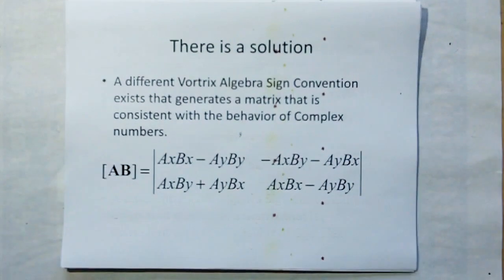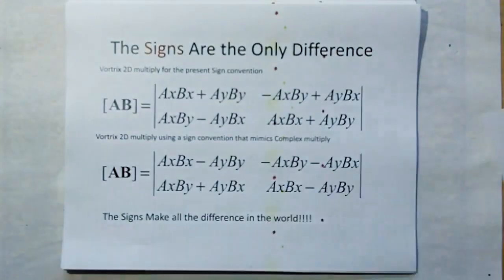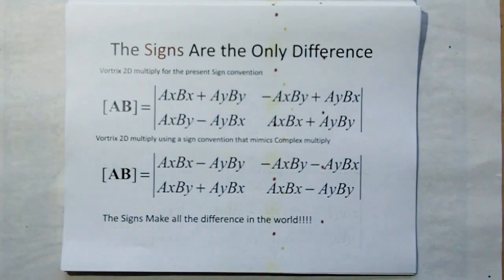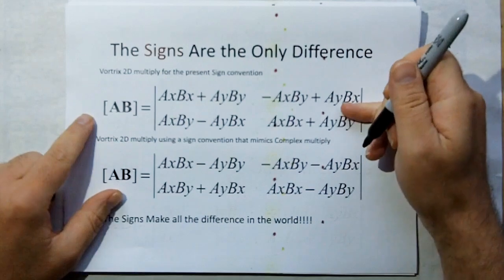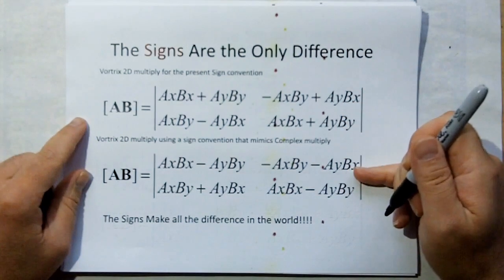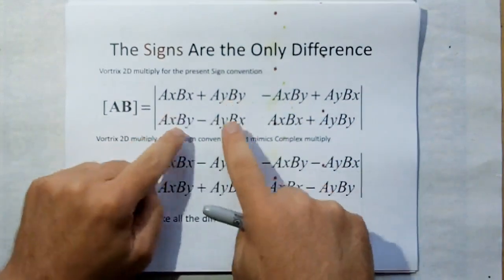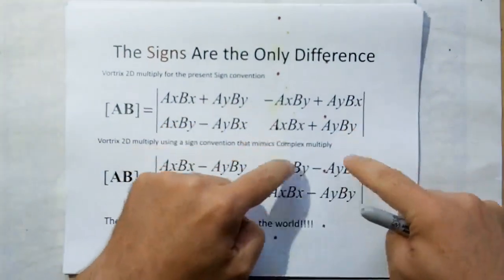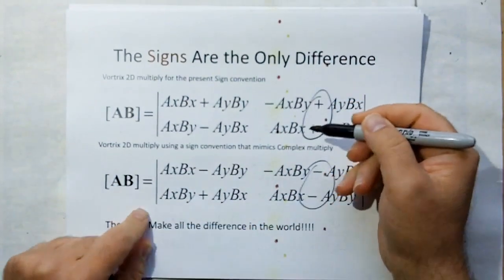This is the way that complex multiply would come out. And again, the only difference between the 2D Vortrix one that we're doing now and the similar one derived using complex numbers is the signs. All of the terms are in the exact same places. The only differences are the signs.